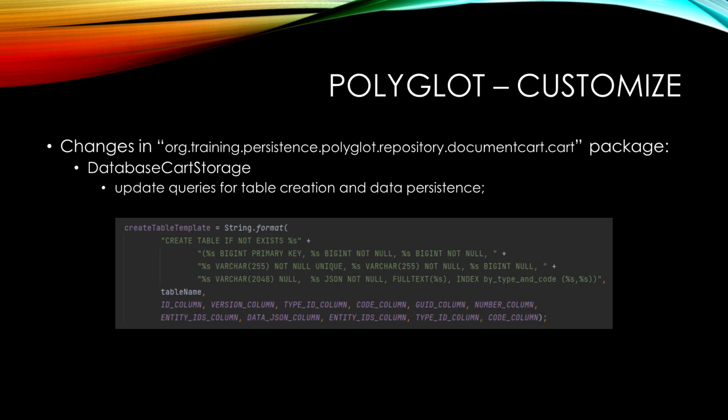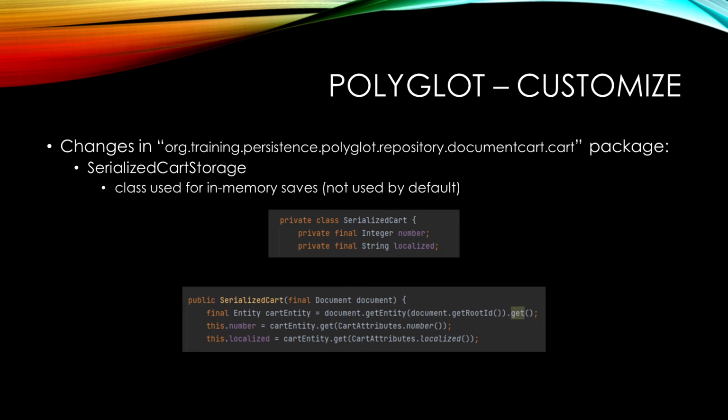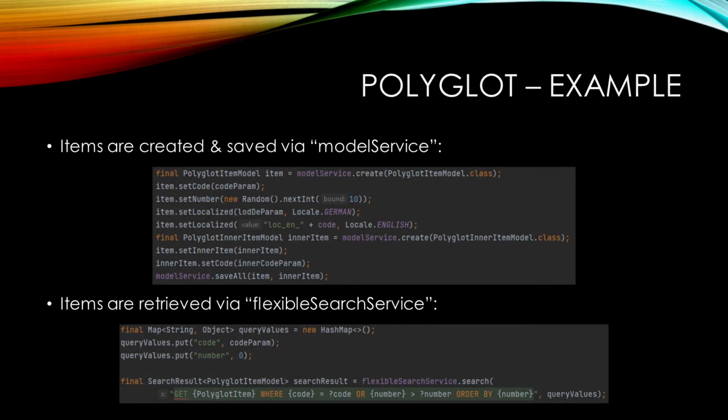Here you need to have queries for tables creation and items persistence. And the serialized cart storage class is used for in-memory saves, but by default it's not needed. In the end, Polyglot items will use Model Service for persistence and Flexible Search Service for retrieval.